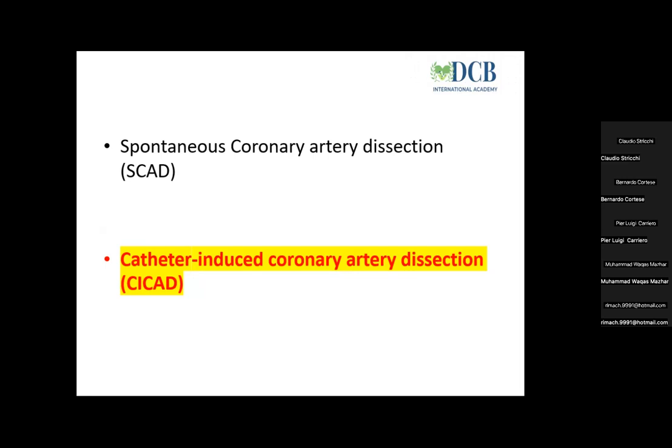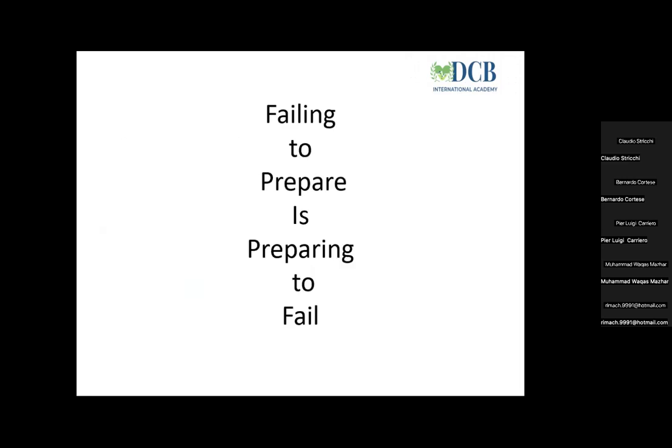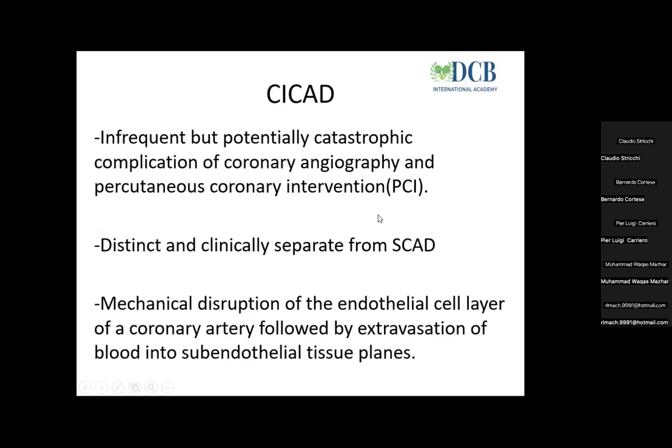So the second topic is the catheter-induced coronary artery dissection. Failing to prepare is preparing to fail. CCAD is an infrequent but potentially catastrophic complication of coronary angiography and percutaneous coronary intervention, distinct and clinically different from SCAD, spontaneous coronary artery dissection.